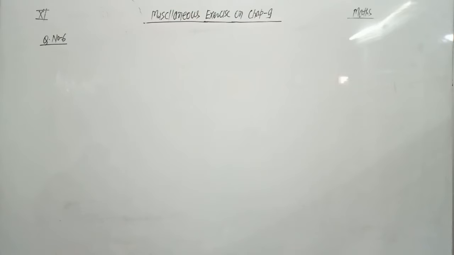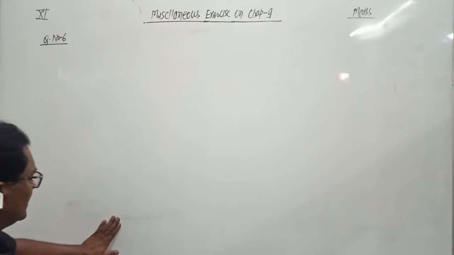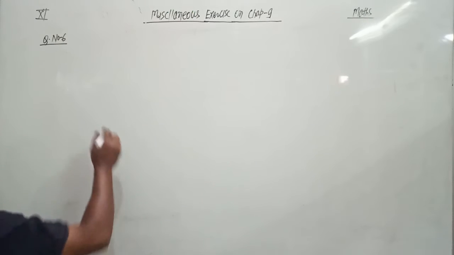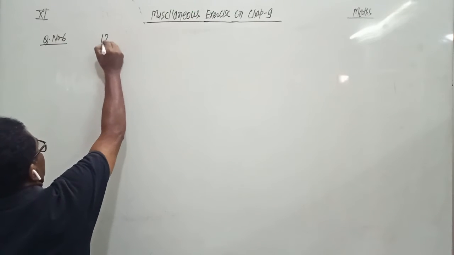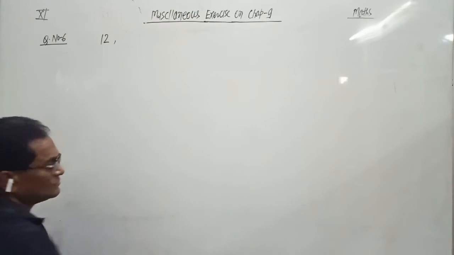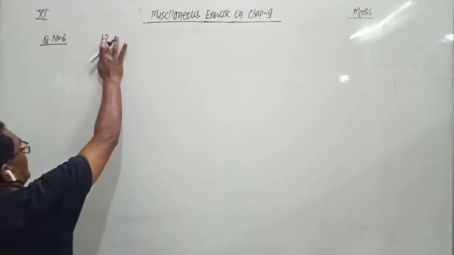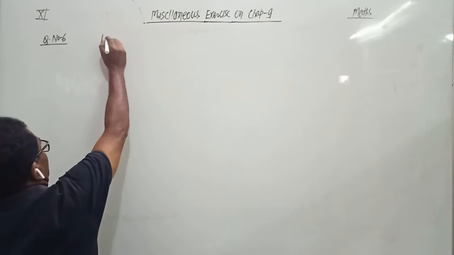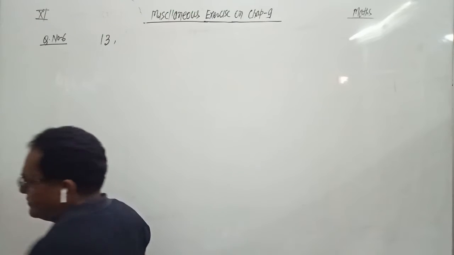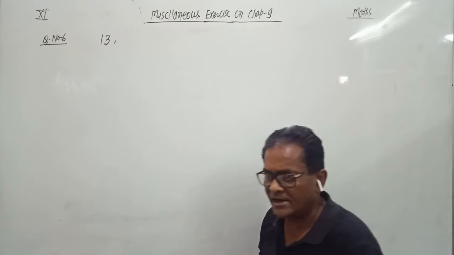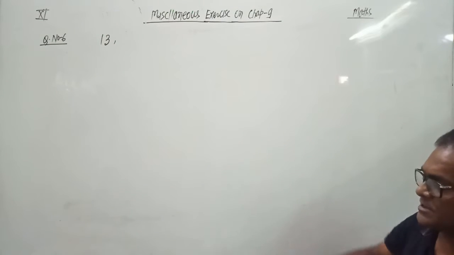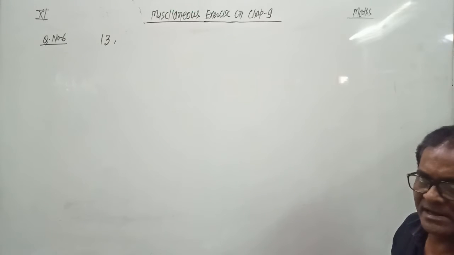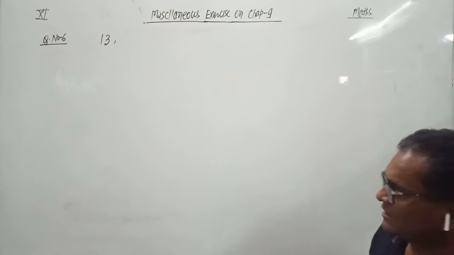So the first two-digit number which when divided by 4 gives a remainder 1 is 13. When 13 is divided by 4, the remainder will be 1.